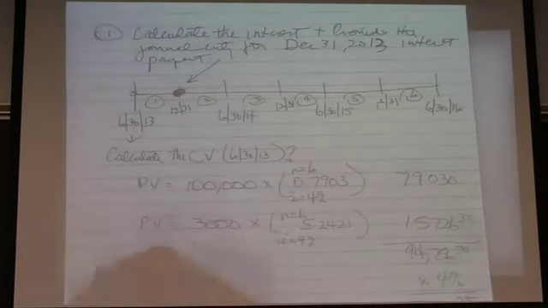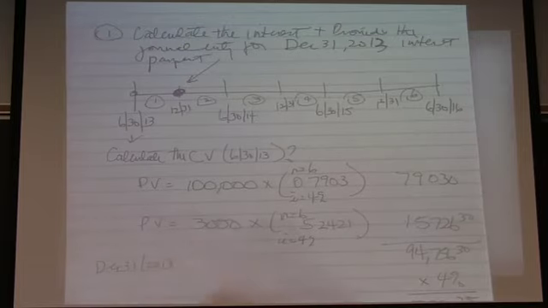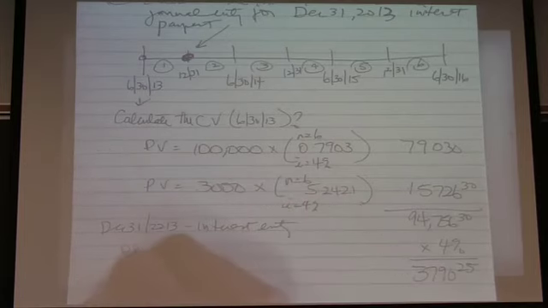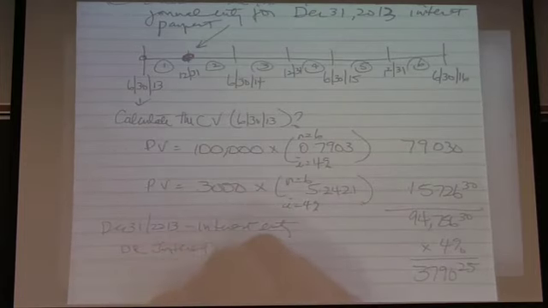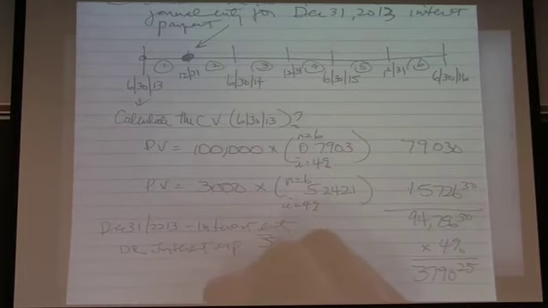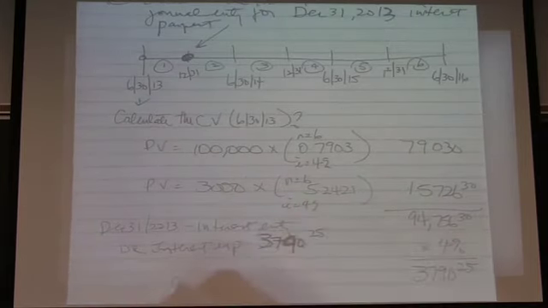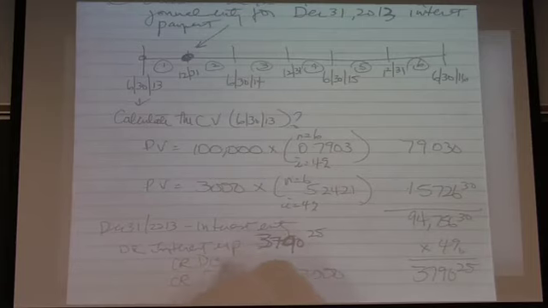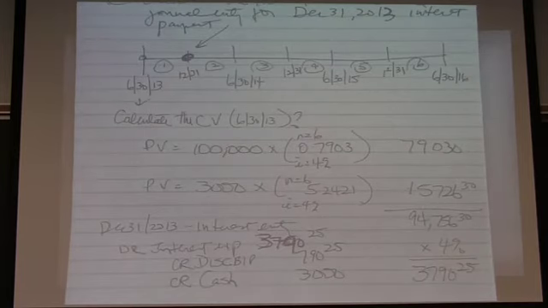So my interest entry on December 31st, 2013 is: debit interest expense 3,790.25, credit cash 3,000, and credit discount on bonds payable 790.25.